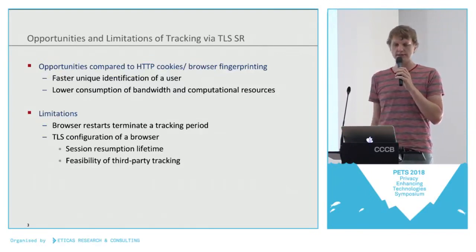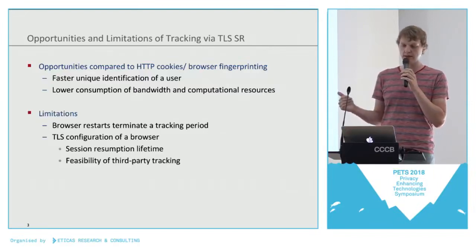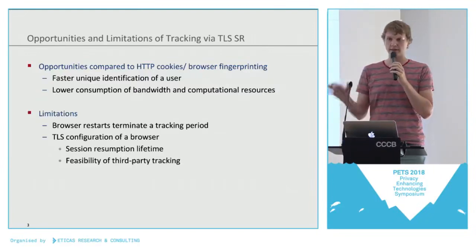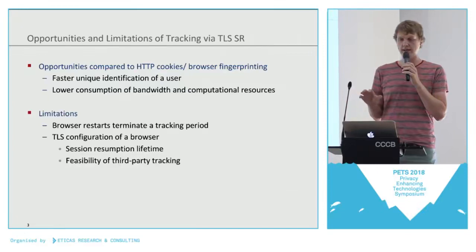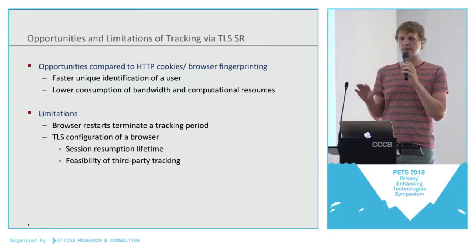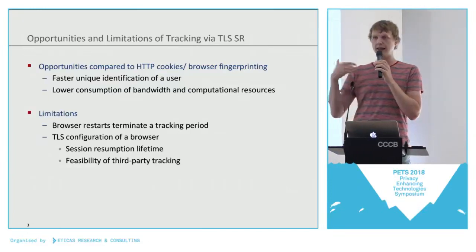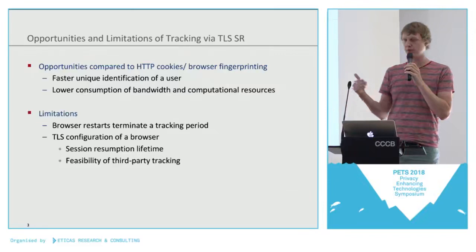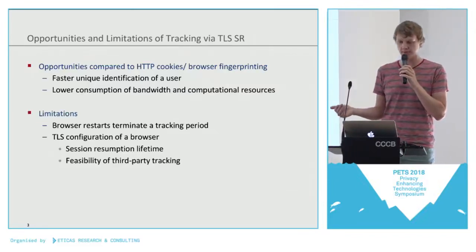The opportunities compared to HTTP cookies or browser fingerprinting are that you get a much faster unique identification of a user. This might be especially relevant in scenarios like real-time online bidding, where the more time you spend on identifying a user, the less time you can spend on the bidding process itself.